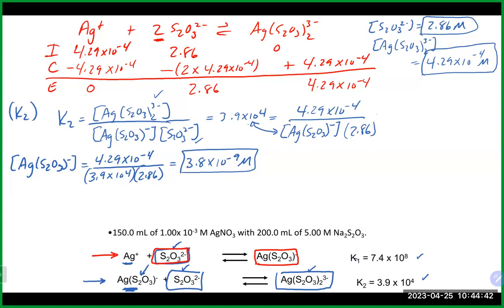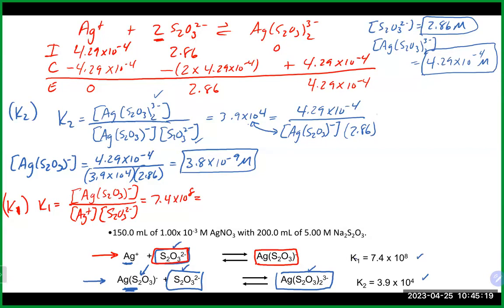So I'm going to use the K1 reaction, I'm sorry, to get to silver. K1 would equal, using our reaction for that first step, this divided by our silver, which is what we're looking for, and our S2O3 2 minus. This would equal our K1, which is 7.4 times 10 to the 8.